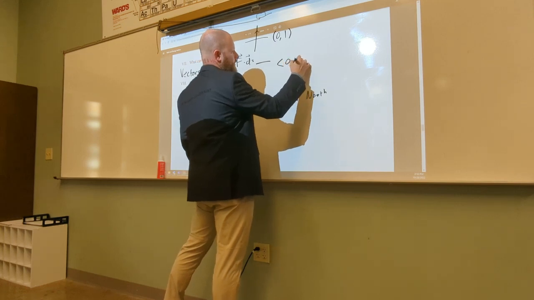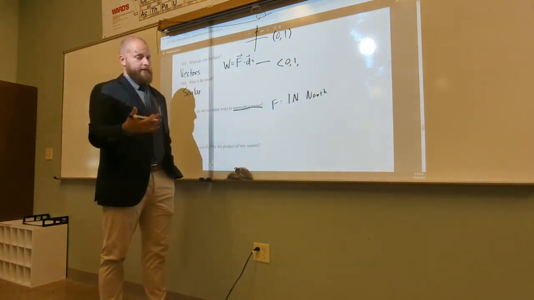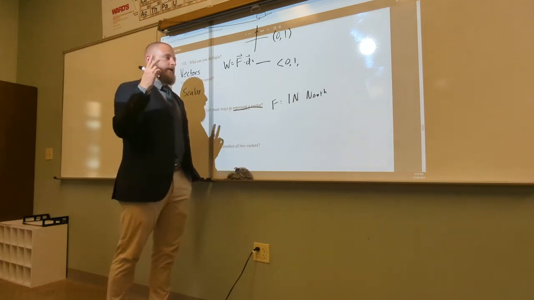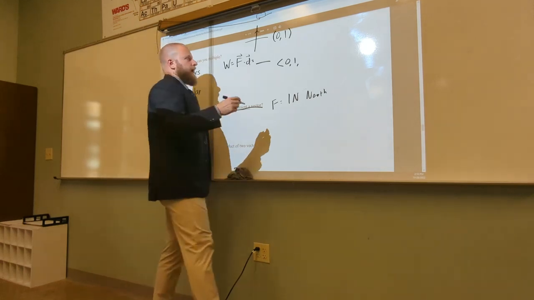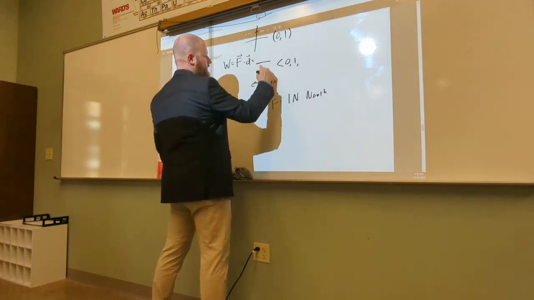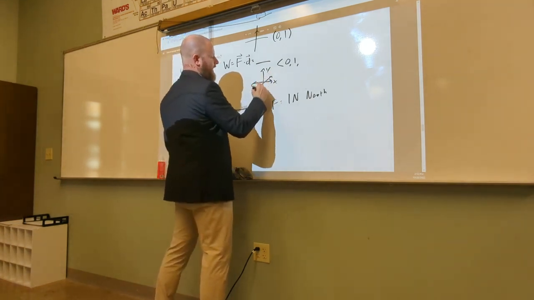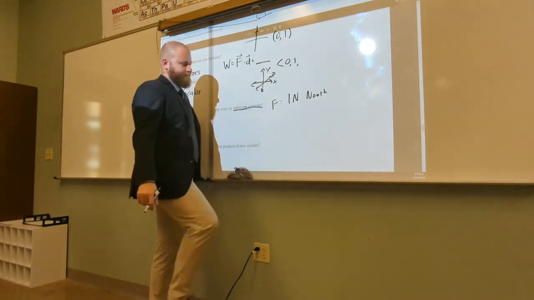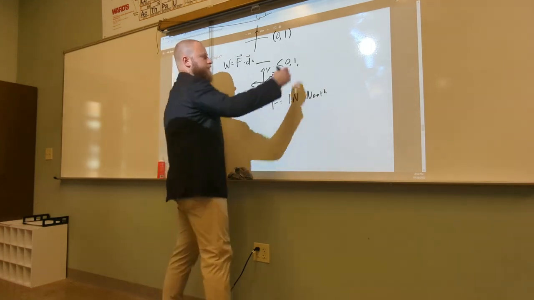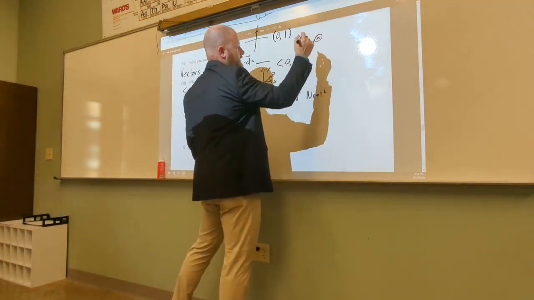So 0, 1, and then I'm going to put another comma, because in physics, we often have to deal with 3 dimensions, not just 2. I have x, then y, and my third dimension is into and out of the board, which is z. You'll also see it as a circle with a dot or a circle with an x.